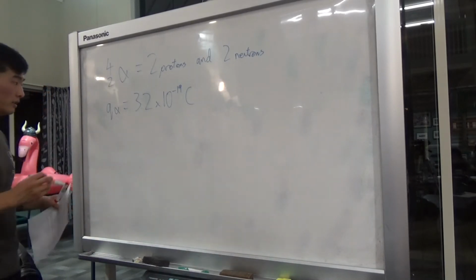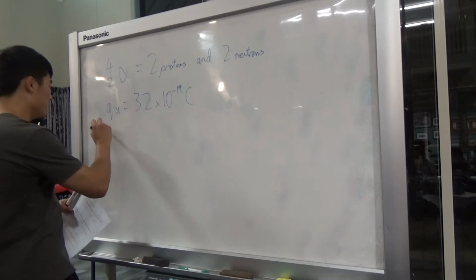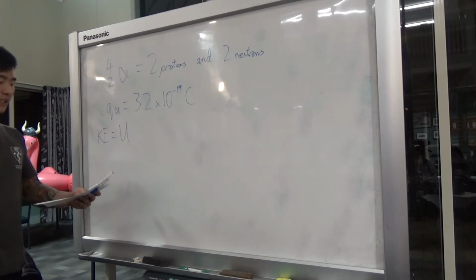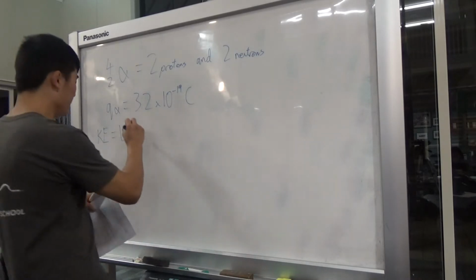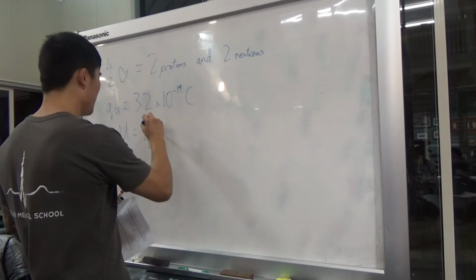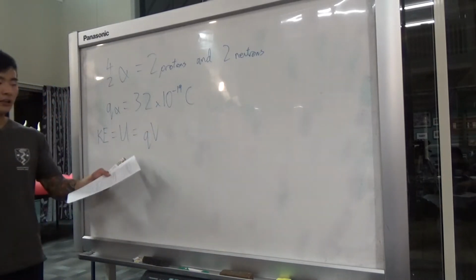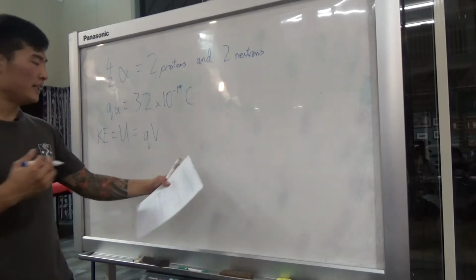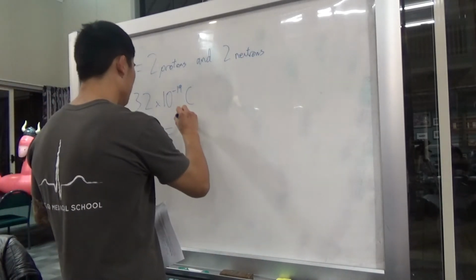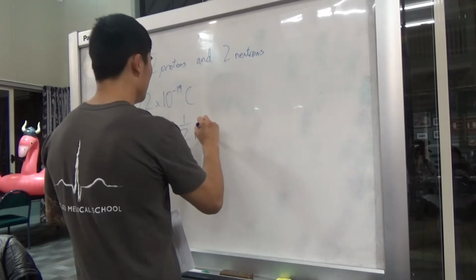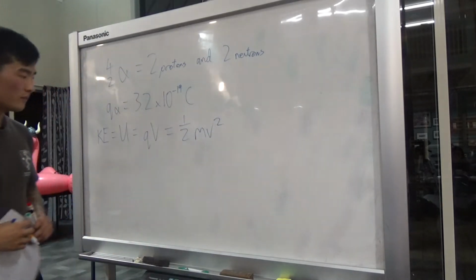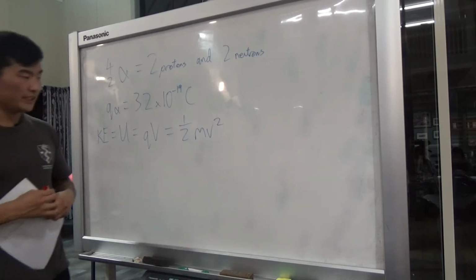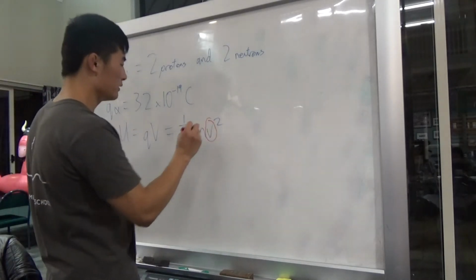So our kinetic energy is equal to the electrical potential energy, which is equal to Q times V, our charge multiplied by the voltage. And kinetic energy is equal to half mv squared. Then you can rearrange this for the velocity, which is what we want.